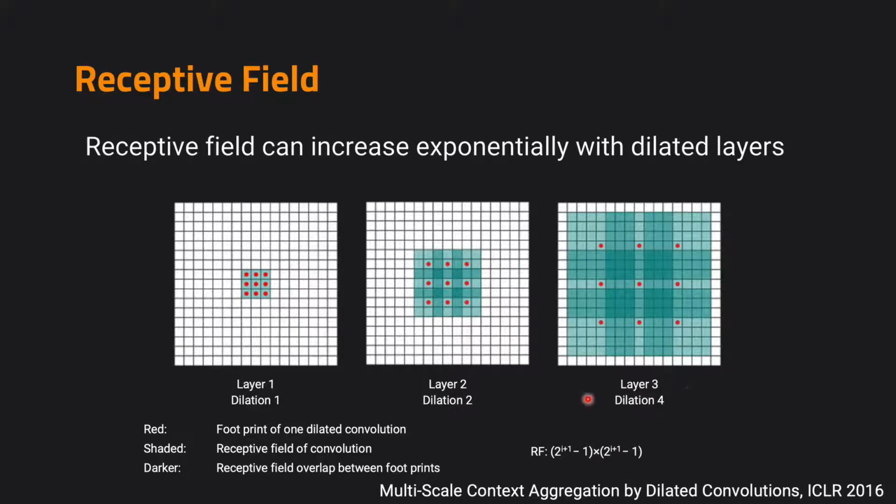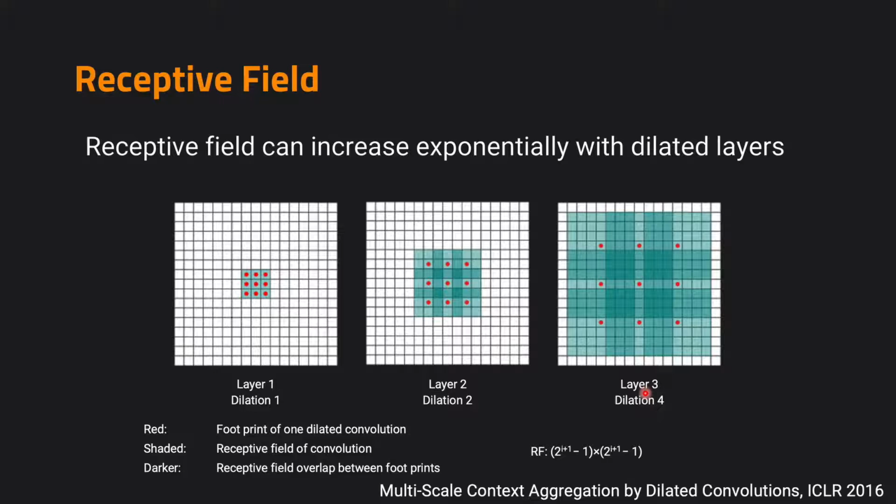And again, on layer 3, even if we increase the dilation again and multiply it by 2, we extend this receptive field by a factor of 2 as well.